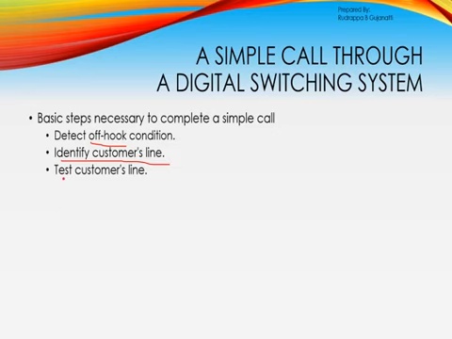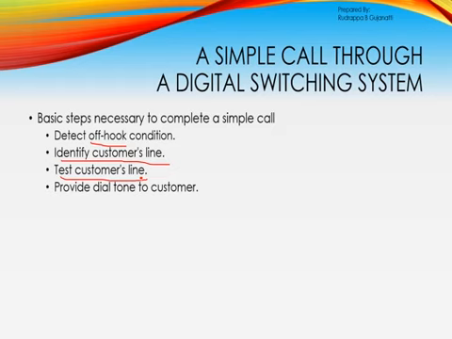Then we have to test the customer's line. This is just to ensure that the off-hook condition has not occurred due to some faulty parameters present in the network. Once that testing is done, we have to provide a dial tone to the customer.